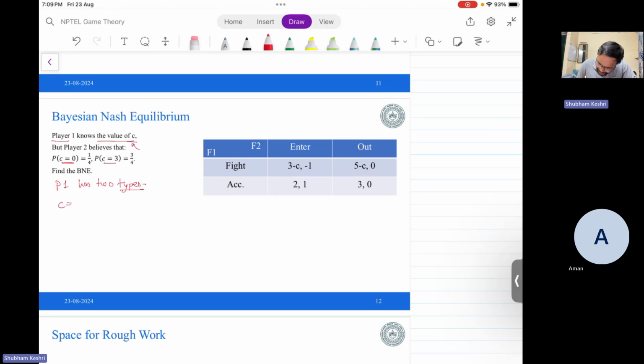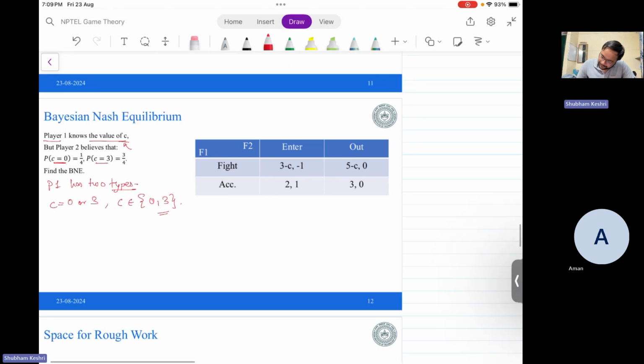So where C can be 0 or 3. You can write it like this: C belongs to the set {0, 3}. It can either take value 0 or it can take value 3. When it takes value 0, the utilities will change accordingly, and when it takes value 3. So we'll write those utilities separately, and we'll solve this in a similar way that we have solved the previous examples.